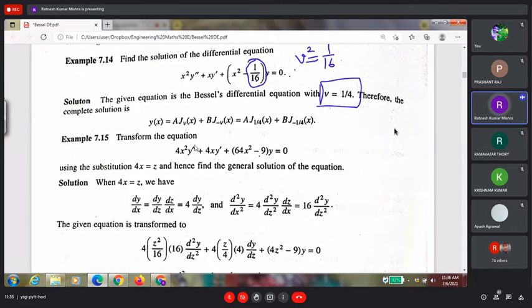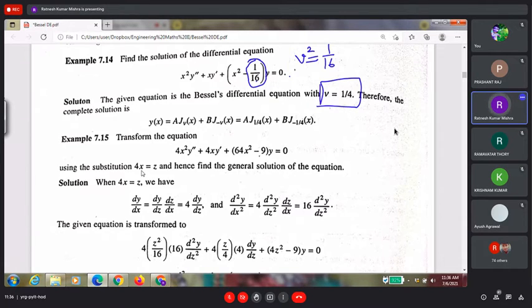Now transform this equation using the Bessel differential equation by substituting 4x equal to z, and find the general or complete solution of this differential equation. In this one, y is the dependent variable and x is the independent variable.